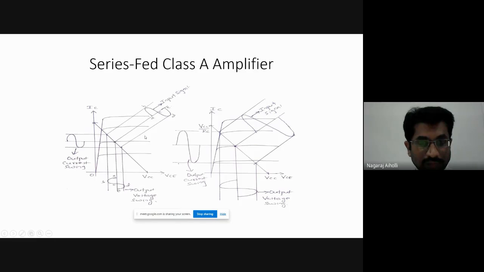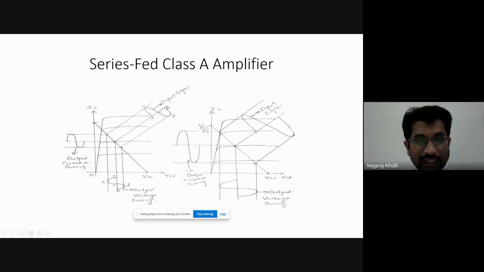Now this is A, so this A will come here. Try to understand here. This is A, so this A point will come here. Then this is B, this B will come here. This is C, which is in the middle line, so C is coming here. Then this is D, so I am extending this and putting it here.